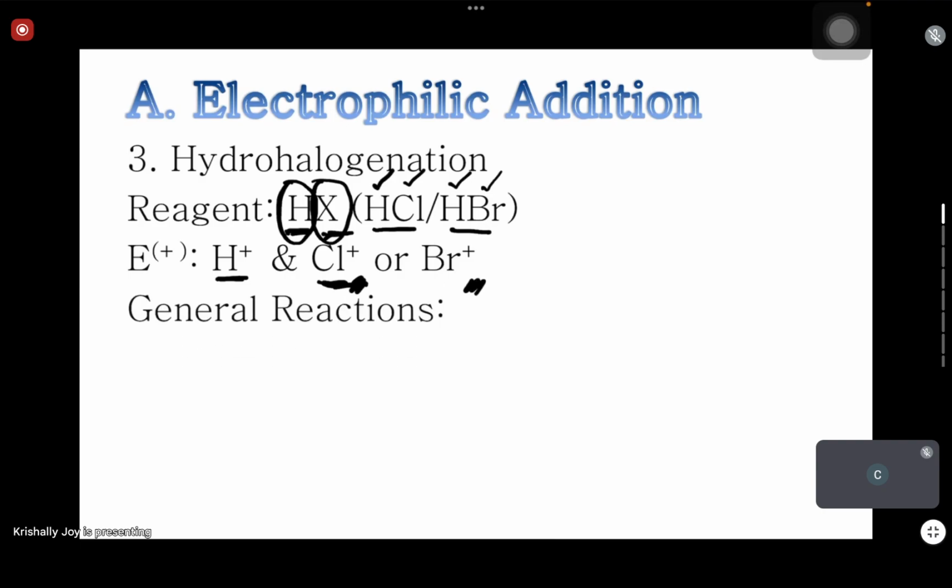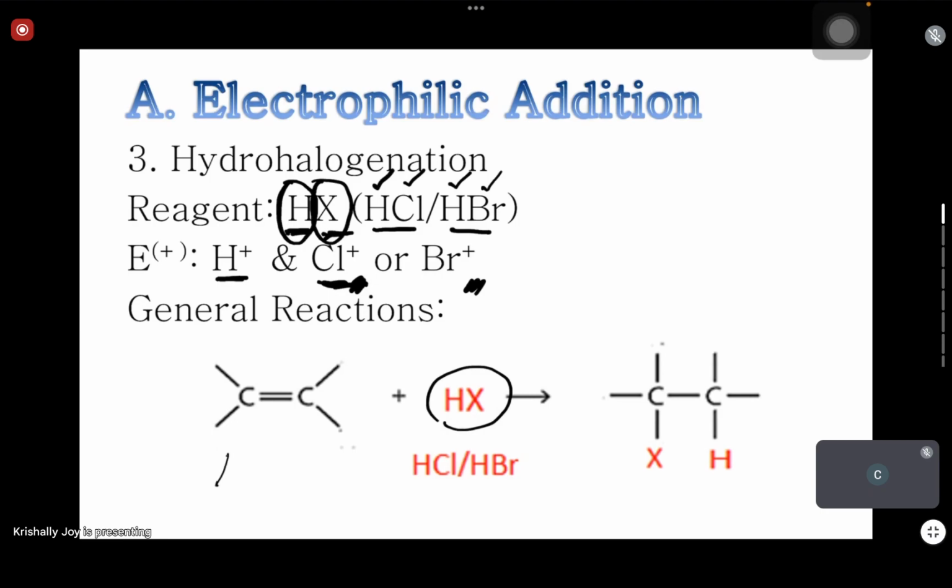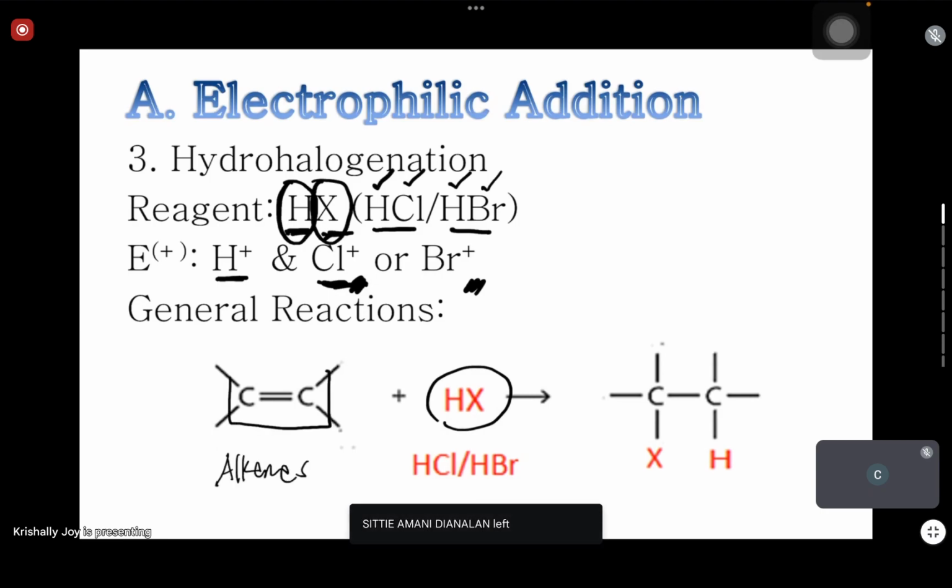So here's the general reaction if it is hydrohalogenation. You have any alkene class with its reactive site at the carbon-to-carbon double bond. Break first the pi bond. That is always the initial step. Break the pi bond so that each carbon will become reactive.